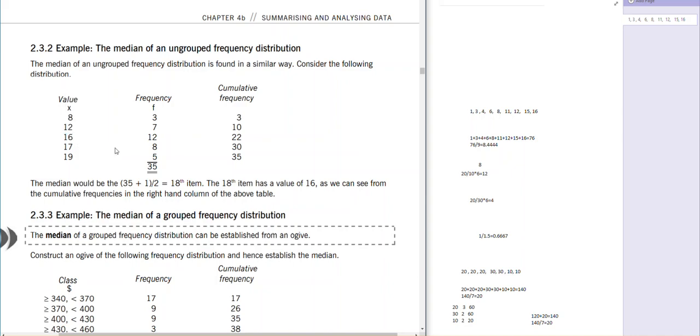Obviously, the median would be 16. But it is not the whole data. It is given in terms of frequency. So it becomes about total 35. So any value in between 35 would be your answer.